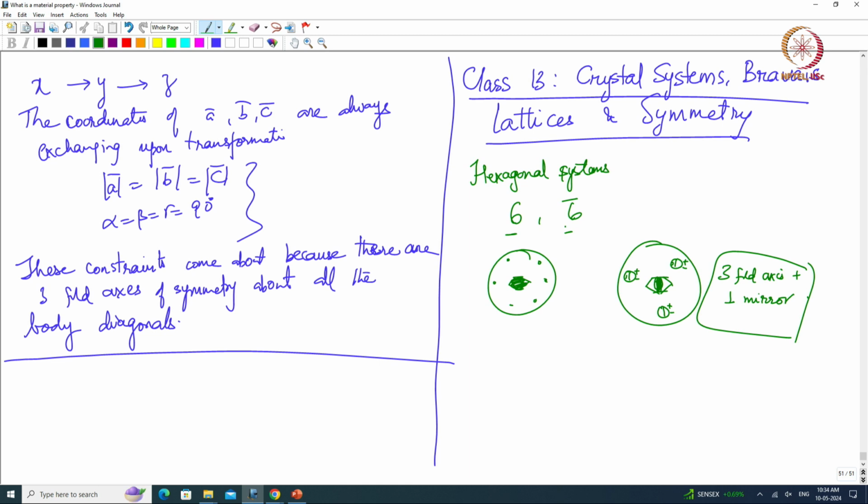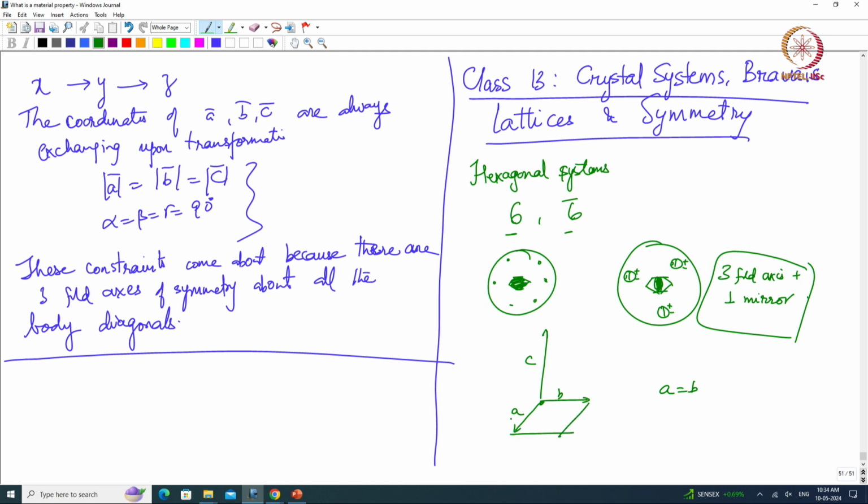So with that caveat, you can again go through what a 6-fold axis of symmetry will do, and it becomes easy for you to define. The unit cell then becomes something like this. You have an A, B, and a C that is coming out of plane, but it turns out that A equal to B, it does not need to be equal to C, right.